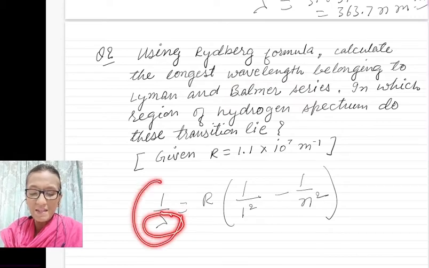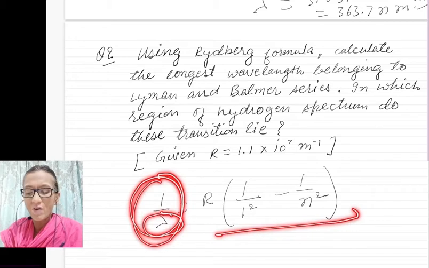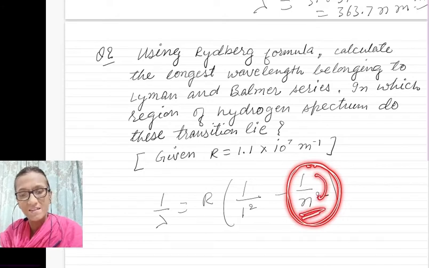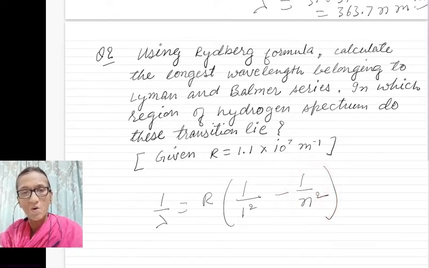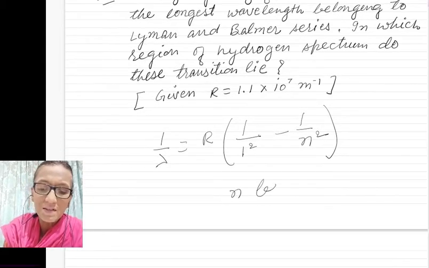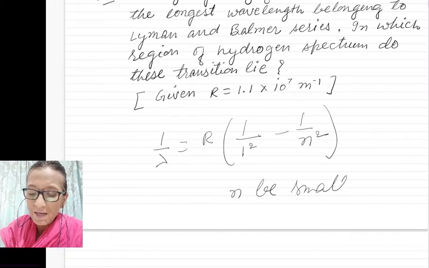When wavelength is longest, the whole value is smallest. And for smallest, this value should be largest. And for largest, the denominator should be smallest. This is how you will be thinking while doing. So n should be smallest.